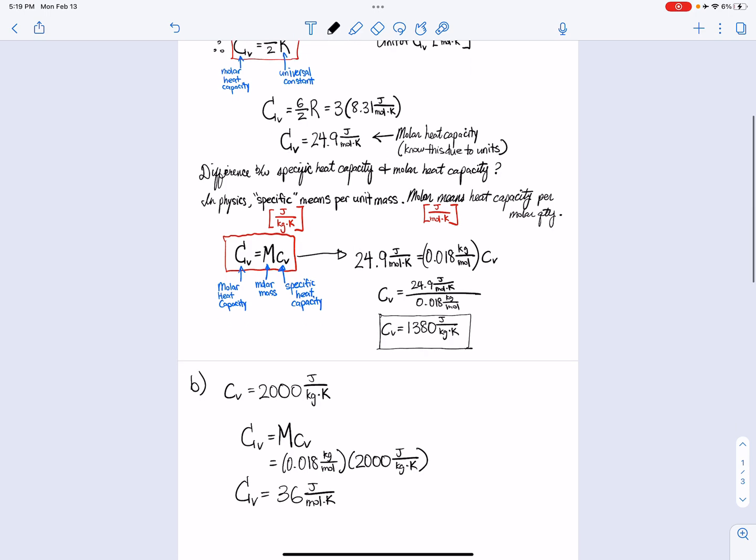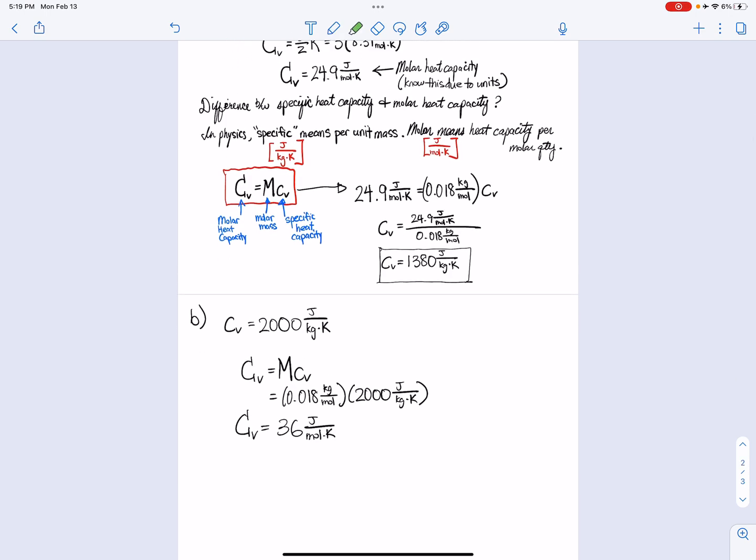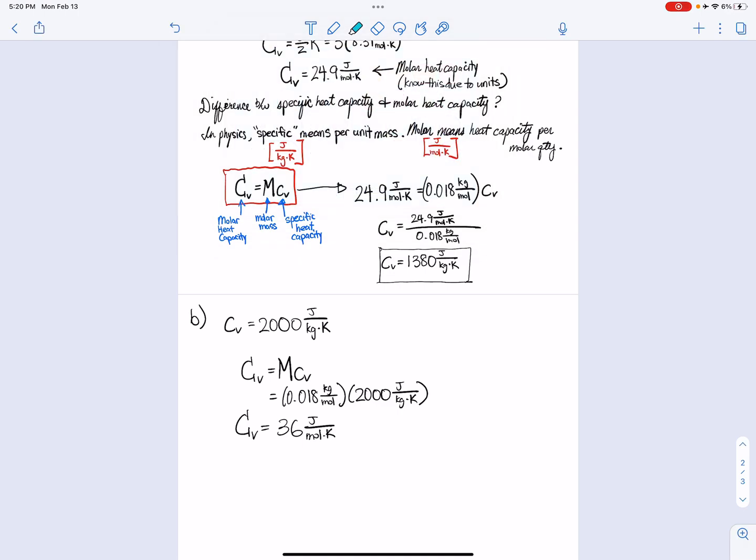Let's use bright blue. Here at lower pressures, I've got 36 joules per mole Kelvin for my molar heat capacity.